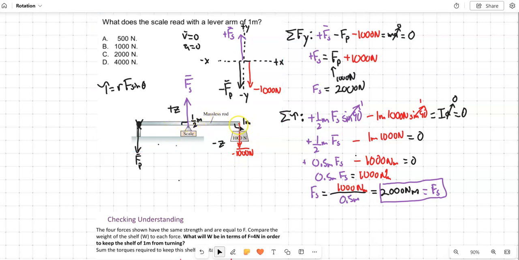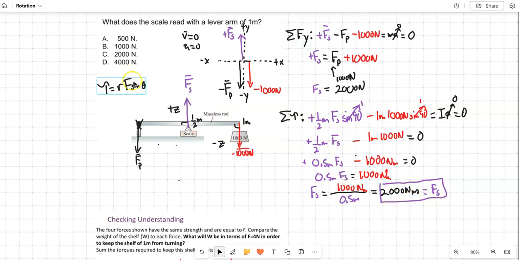Since this force over here is at the halfway mark, in order to balance out this 1,000 newton meters down, you've got to make this 2,000 newtons up times 1/2 meters, which equals 1,000 newton meters of torque right there. So it does make sense practically too.